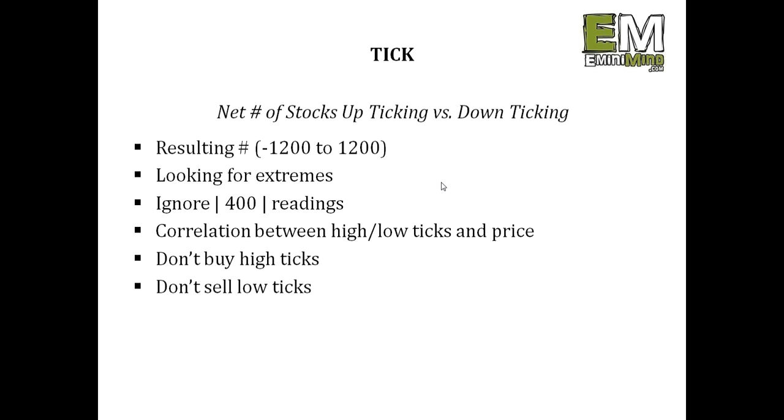If we get a high tick followed by a high price, that's the potential for a trending day and to continue to make new highs. At the same time, if we get a low tick of, say, minus 1,100, and then we get a new low price, that could be an indication for a trending day to the downside.